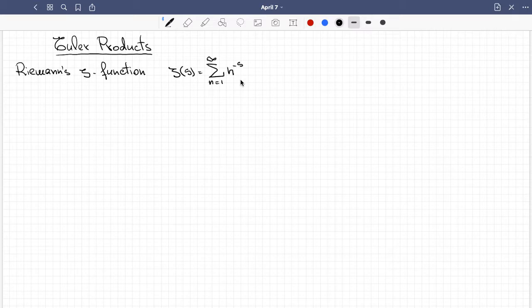We will not consider deep properties of this function, but we have already learned that values of this function at certain points, for certain values of s, are Bernoulli numbers. Today, I want to discuss this function from a different perspective. I want to say, first of all, that this is also a generating function, and we have considered generating functions a lot already in the class.